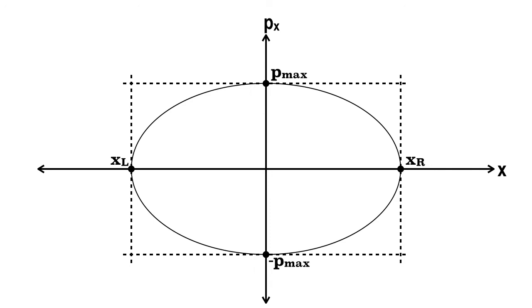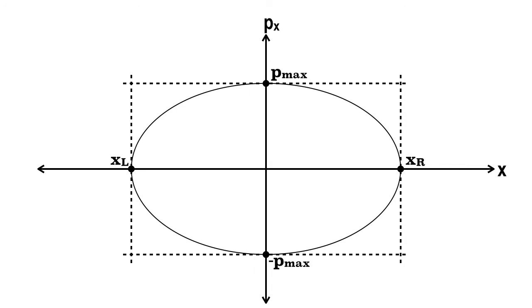And the area of an ellipse is really, really easy. The formula for the area of an ellipse is this: pi times the semi-major axis times the semi-minor axis. Okay, so that would be pi times x_R times p_max, for instance.